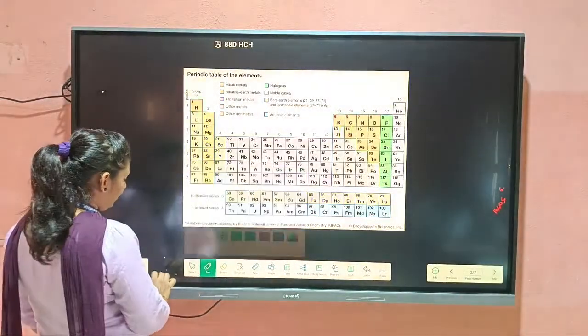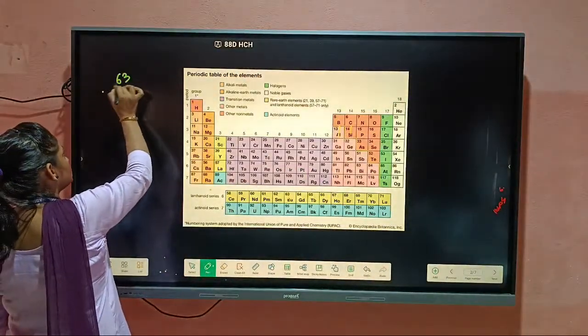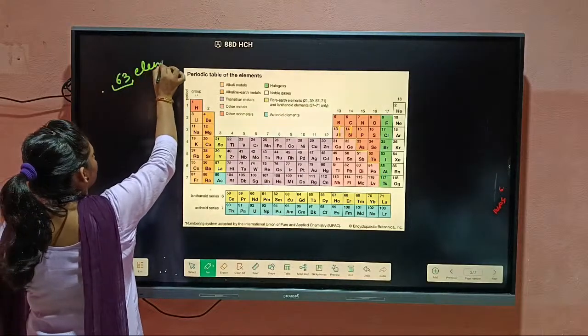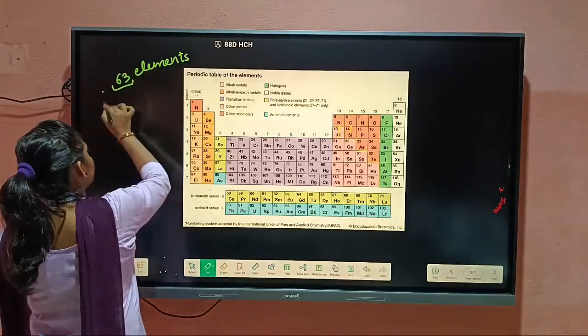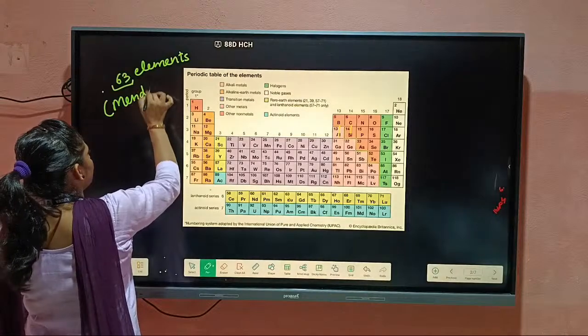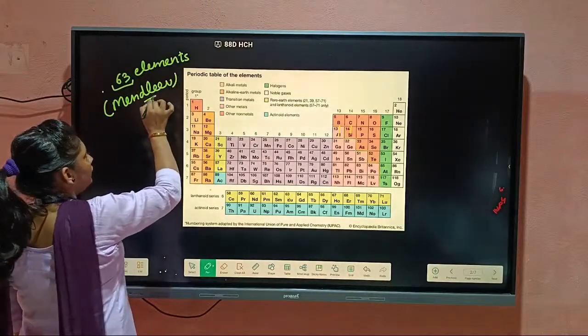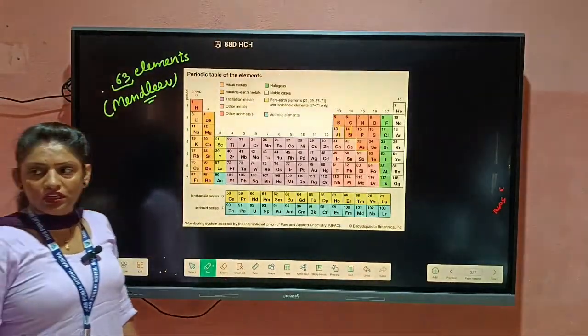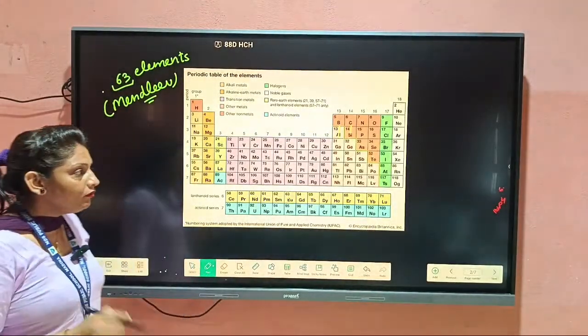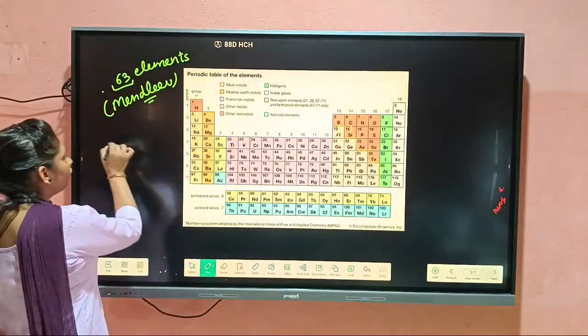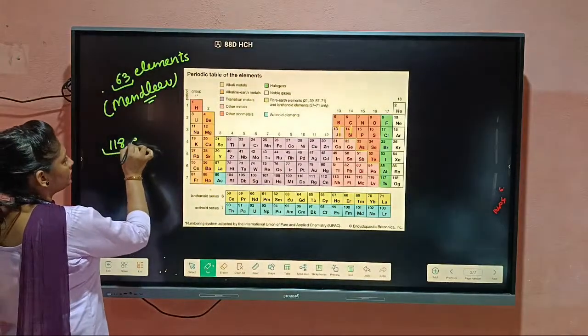At the time of Mendeleev, there were only 63 elements. And at Newland's time, there were only 56 elements. But in the modern periodic table, there are 118 elements.